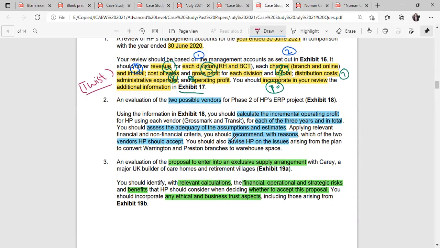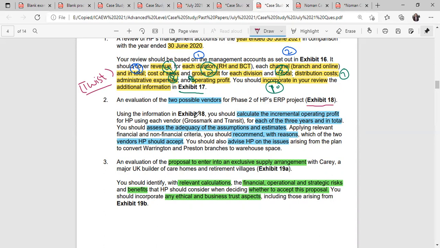Moving forward, I have used multiple pillars just to differentiate between two different requirements, and you can do the same in your real exam with your new exam software. An evaluation of two possible vendors for phase 2 of HP's ERP project, we have Exhibit 18.